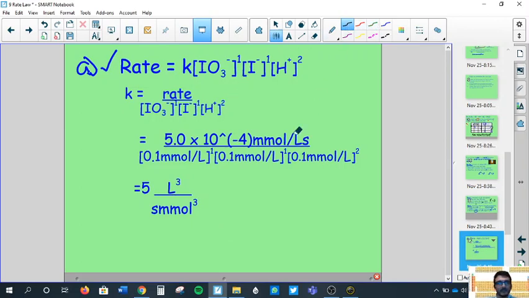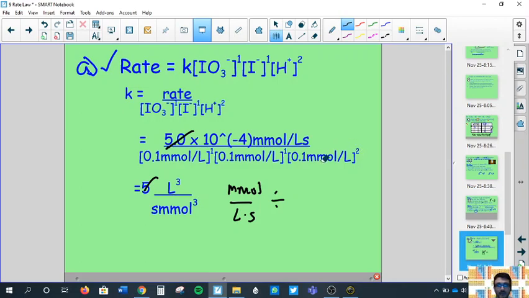Let's see. Let's solve this. Okay. Forget about the numerical answer here. That's easy, right? We have millimoles per liter per second, and we're going to divide, right? Millimole times millimole is millimole squared, times millimole to the power of 2, because that 2 carries into the brackets, right?